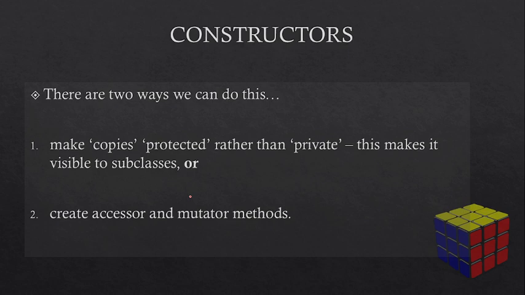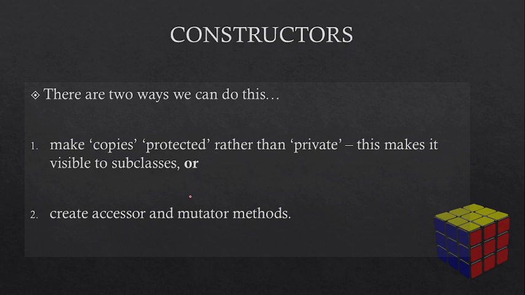Or we can create an accessor and mutator method. So these methods, the accessor gets or the mutator sets, the private variable. So we put these accessor and mutator methods in the superclass. The superclass usually contains the private variable.